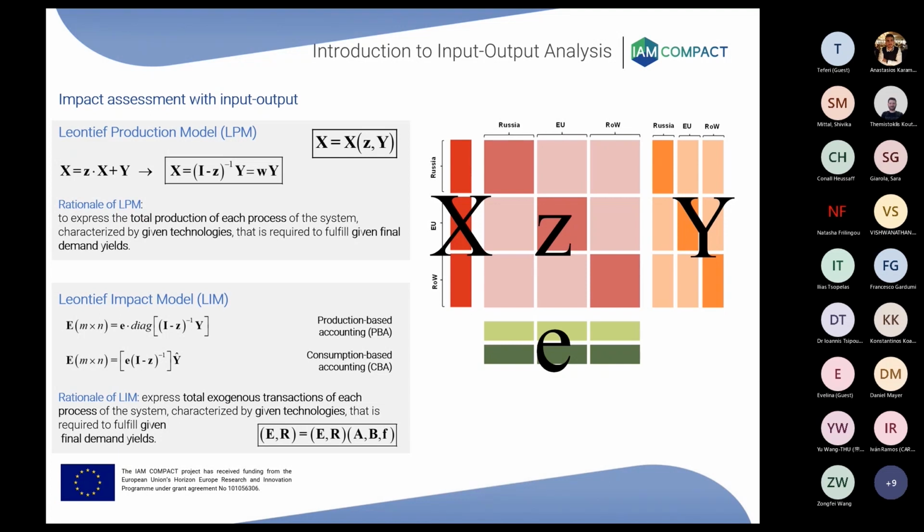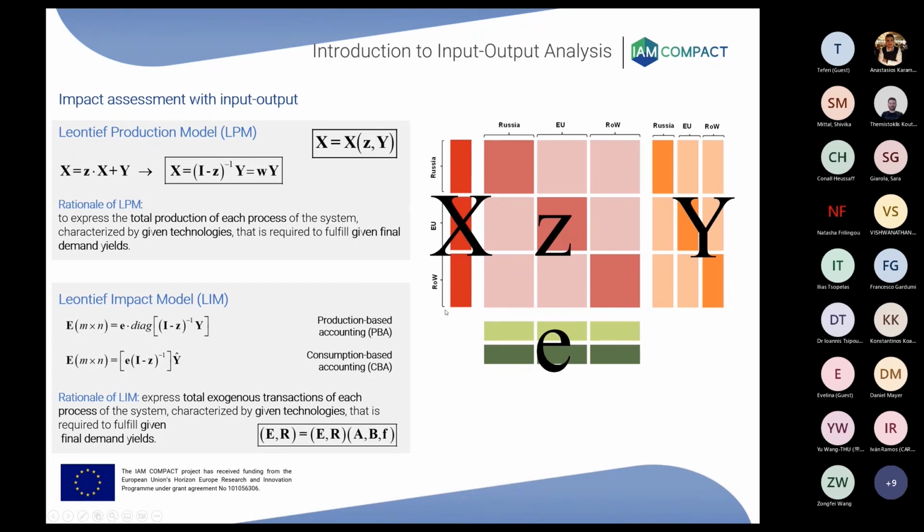This is the essential data required to build the Leontief production function, which can then be used in an algebraic system of equations to derive the total output of each activity in each region, given a set of technologies represented by the technical coefficient matrices, that are likely to be produced if a given level of final demand is demanded by final demand agents.